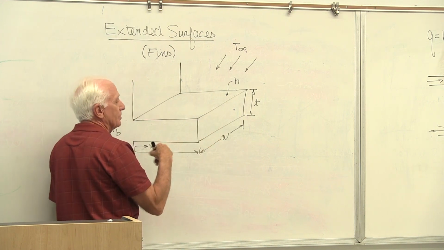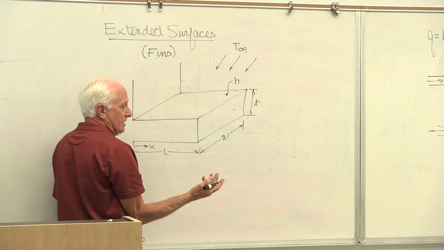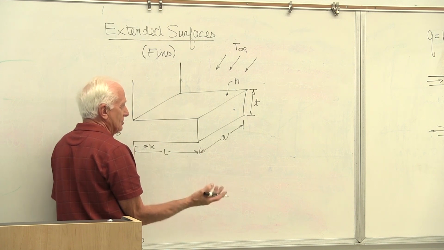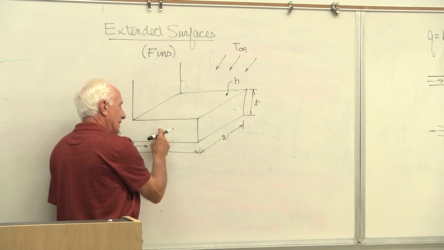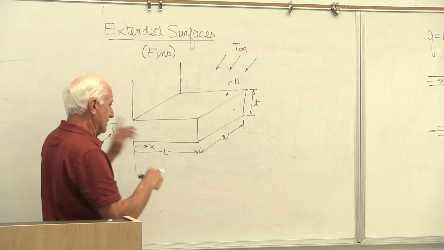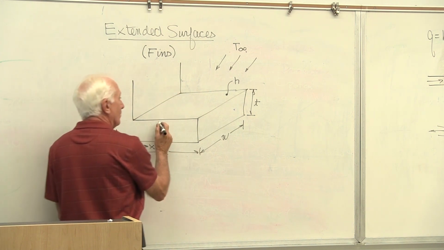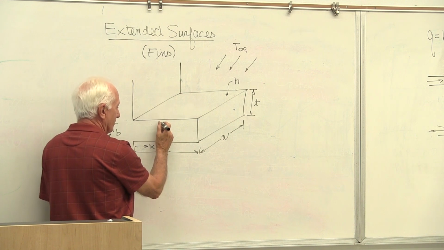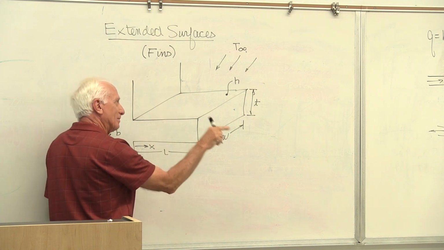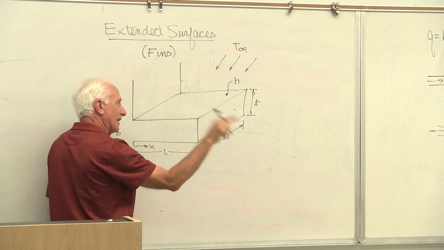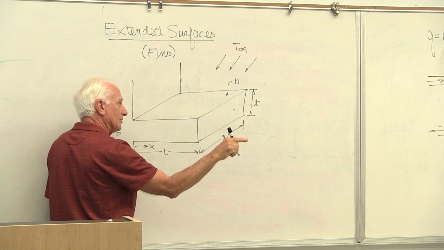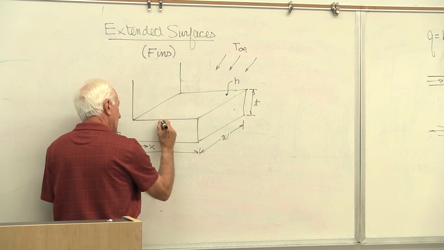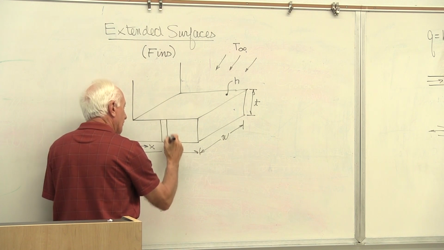What we want to do is find a differential equation that will allow us to calculate the temperature of the fin as a function of x. So what we do, we take a little differential element of dx in length.